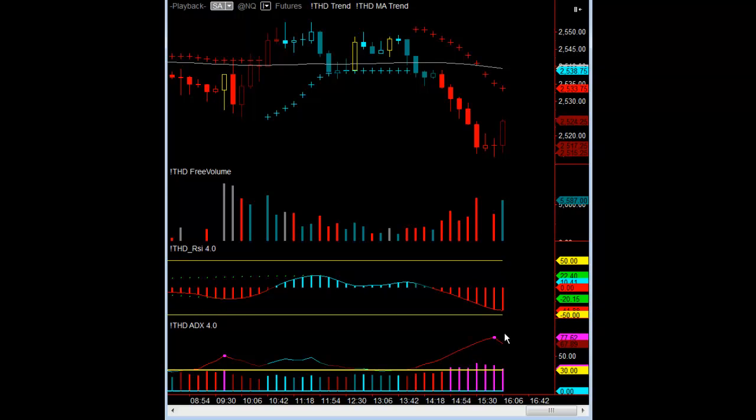Both of those told me ahead of time that we were going to get a magenta peak, so we knew on this bar that we would come back and we would make a low that would test this. It would be on diverging volume, and then price would at least go up to the ATR on the 12-minute chart. Unfortunately, this was right at the market closing, so we could not trade it.